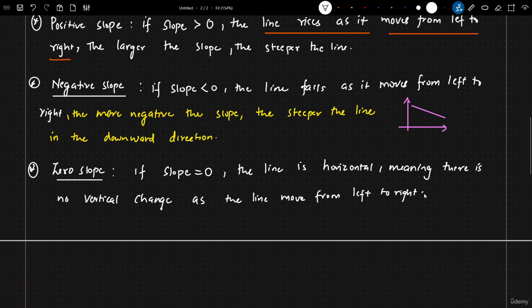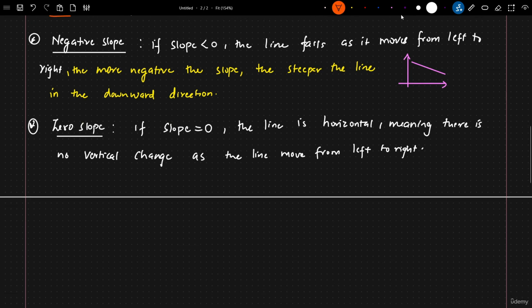Now, when we say zero slope, that basically means I will have a graph like this. If this is my x and y coordinate, I will have a straight line. If this is my one coordinate, x1, y1, and this is my other coordinate, x2, y2, in this scenario you don't have any change.